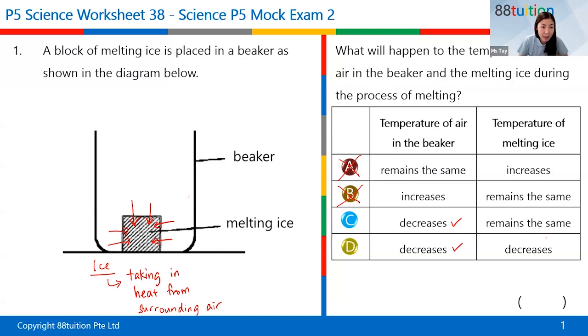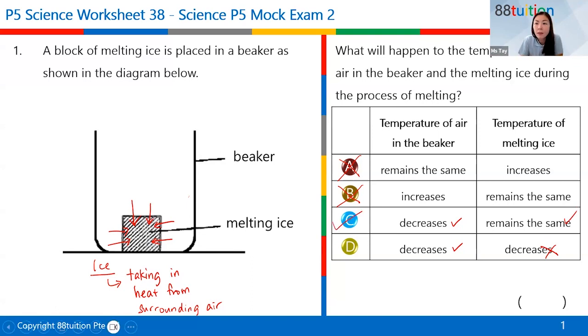Becoming colder is not possible. During melting, the temperature stays the same. Do you still recall this part from school? During melting, the temperature of the water or the ice remains the same until all the ice has melted. Must remember this part. So the answer is C.